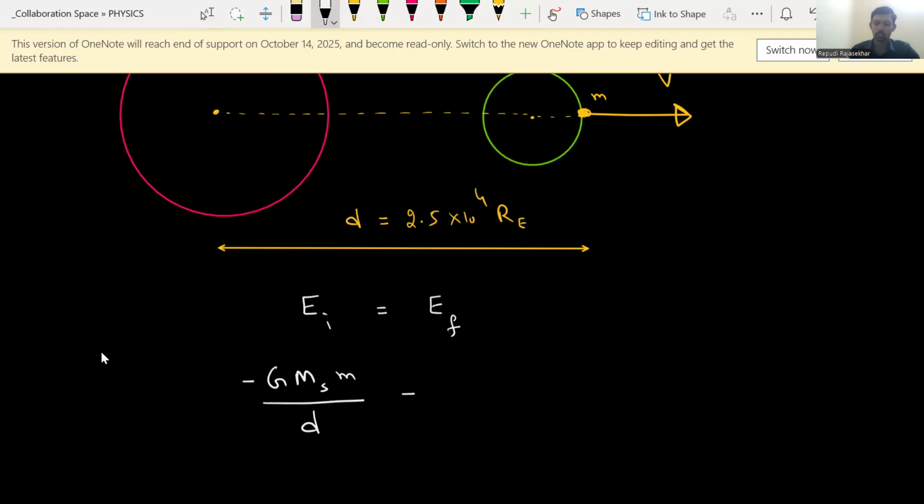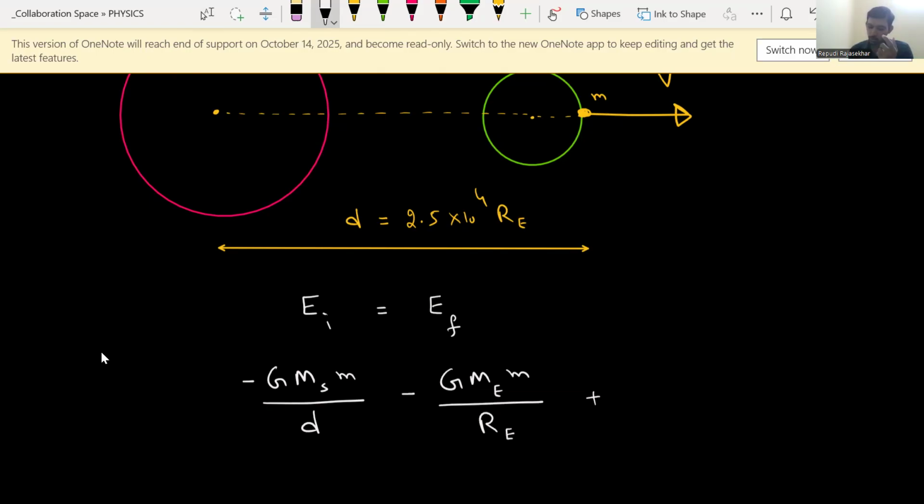Minus the potential energy between the earth and the rocket, that is minus G times the mass of the earth times the mass of the rocket divided by the radius of the earth, r_e. Plus we need to give a certain initial velocity, otherwise the rocket cannot escape, right? Whatever rocket it is, we have to give some initial velocity, then only it can escape.